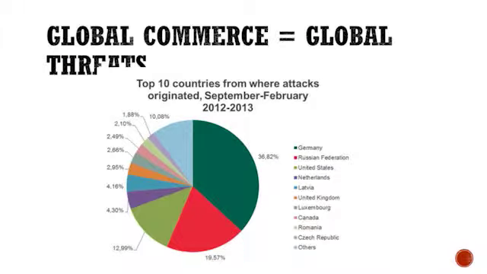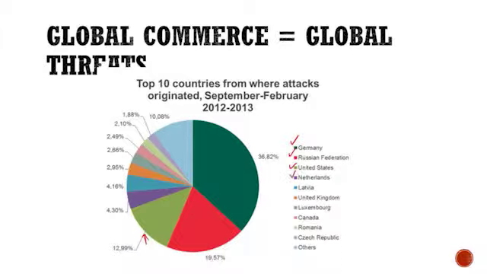Okay, and so global commerce equals global threats. These are the top 10 countries from where attacks originated from September through February 2012 to 2013. Just kind of shows you it's a global issue. It's not a local issue, right? So Germany's on the top of the list, followed by the Russian Federation, followed in third place by the United States, right? So we've got a pretty good percent of the pie over here.